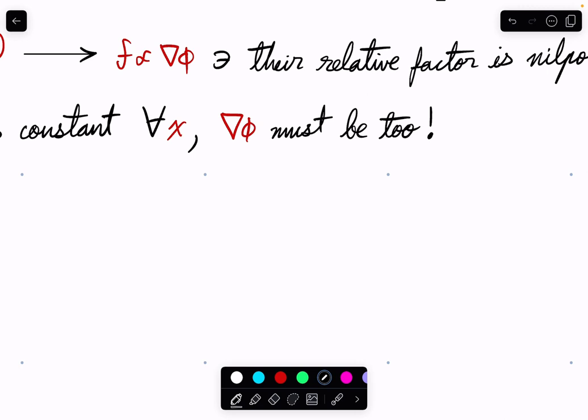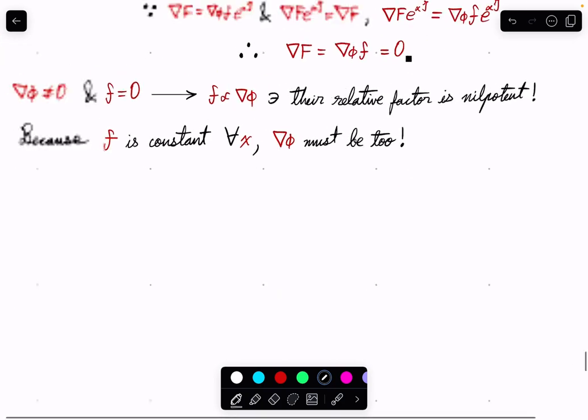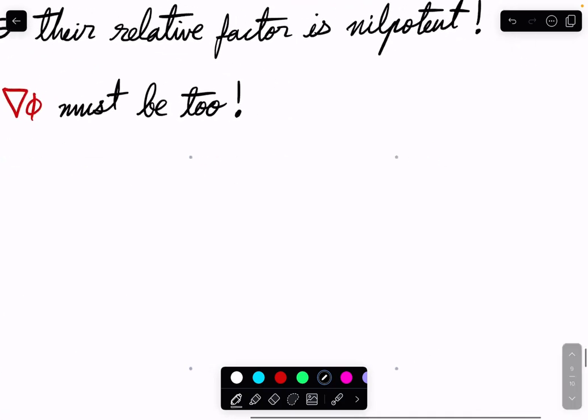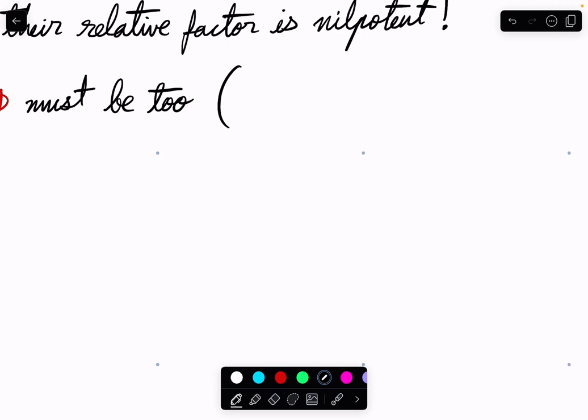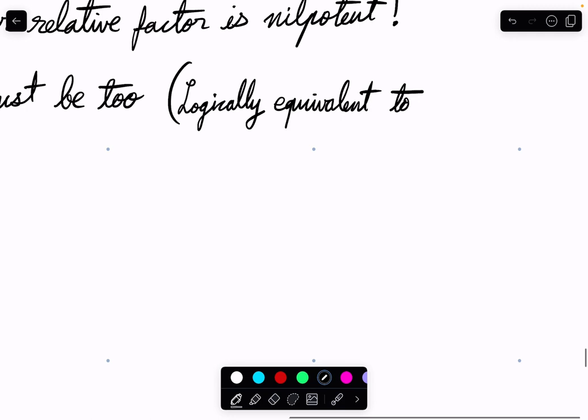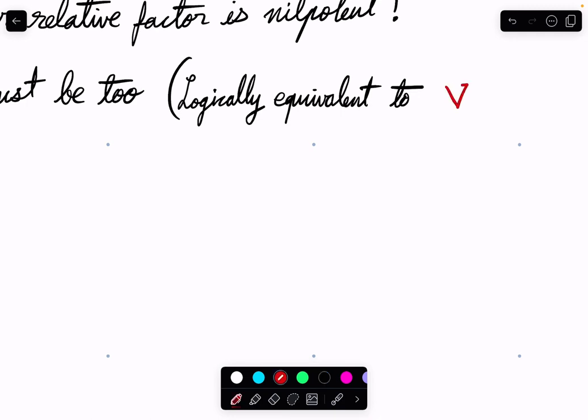So it means that this must also be here, but this is logically equivalent to saying this. It's not talked about in the paper, but it's logically equivalent to saying that the D'Alembert of f is equal to 0, which is just a wave equation.